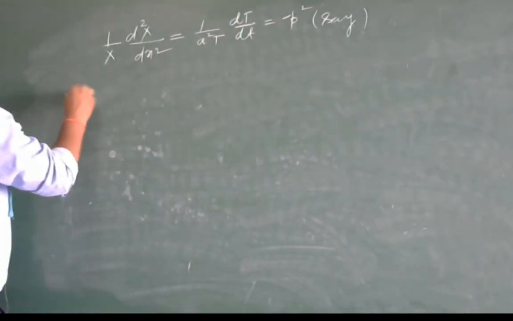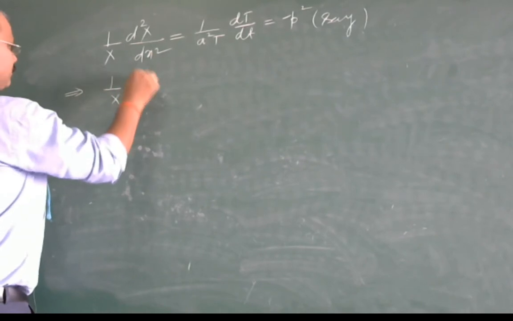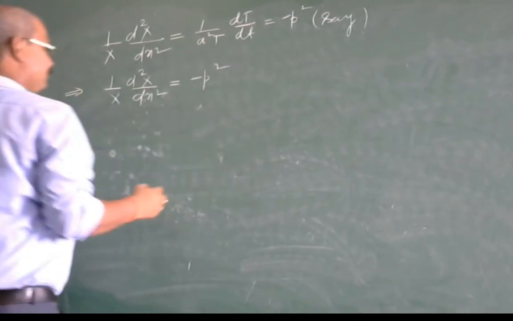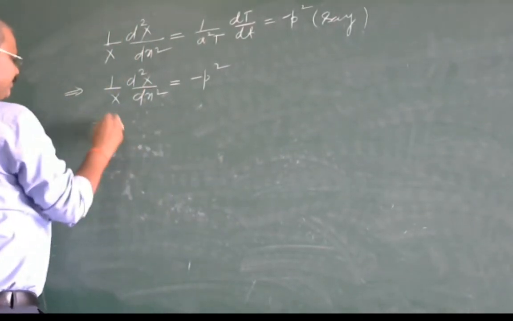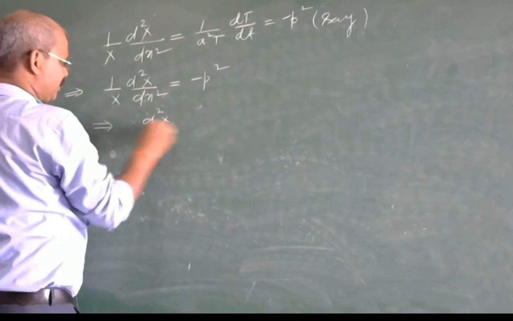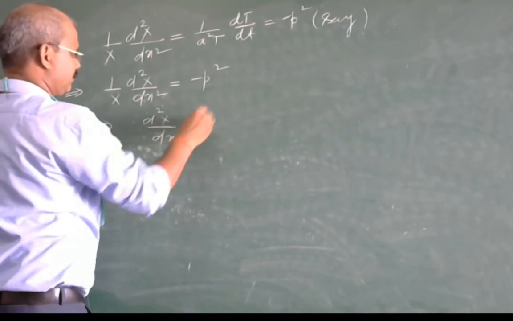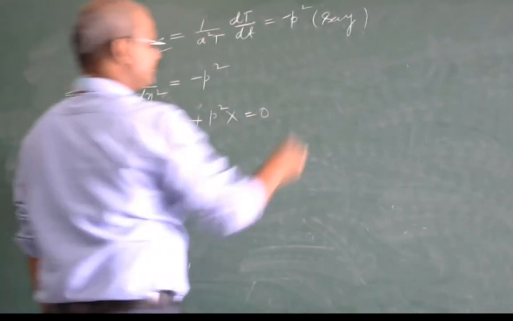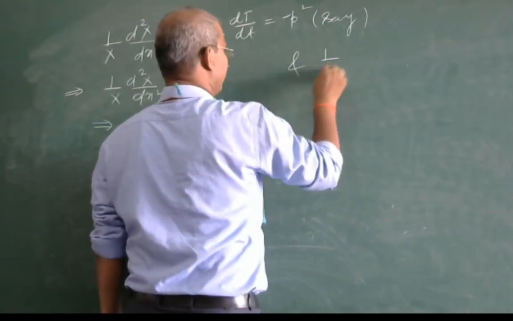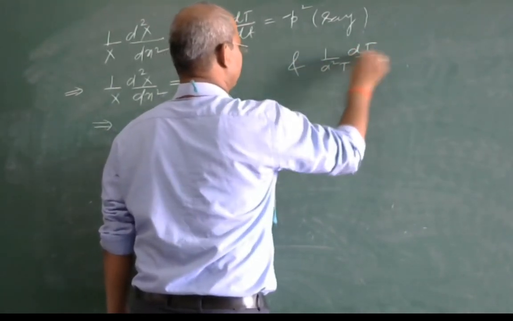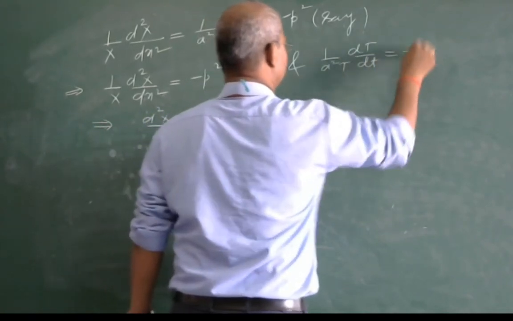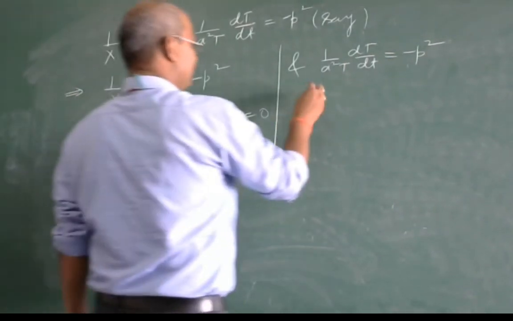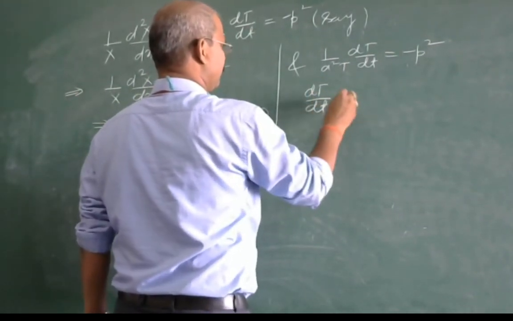This implies that d2X upon dx2 plus p square X equals 0, and dT upon dt plus a square p square T equals 0.